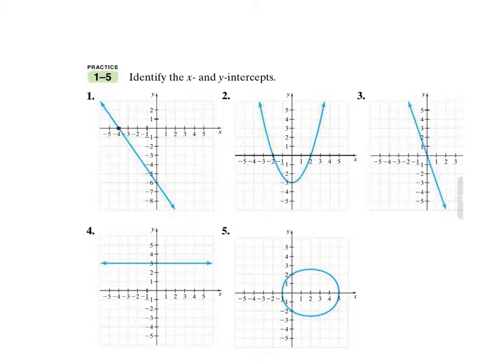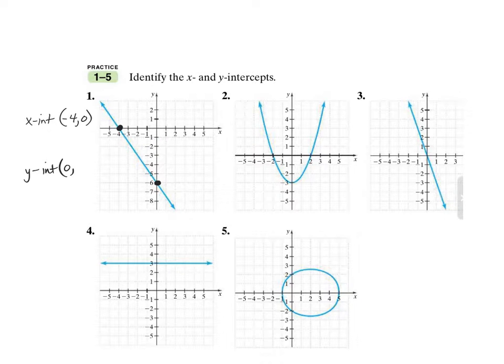It touches the x-axis here. The x-intercept is what? (-4, 0). Then the y-intercept is down here. That's where it's crossing the y-axis. That has the coordinates of what?